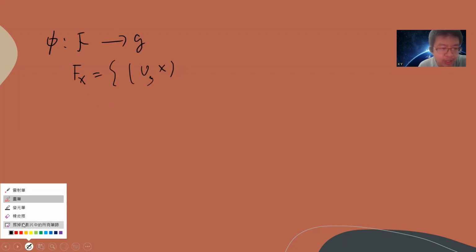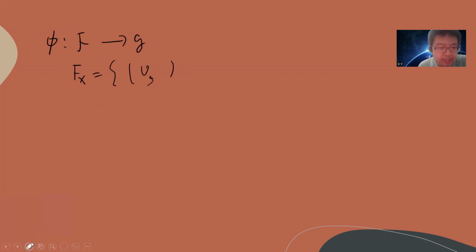So this is a morphism from F to G, and what is the stalk? F_x is the set of pairs (U, s), where x belongs to U and s belongs to F(U), modulo an equivalence relation.